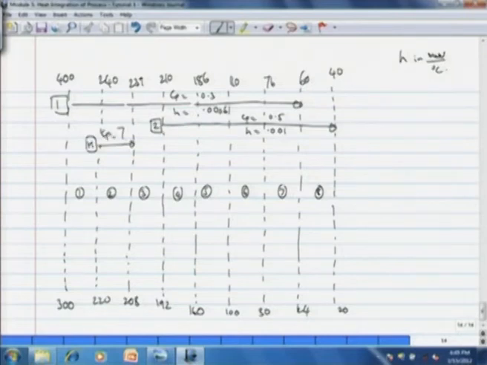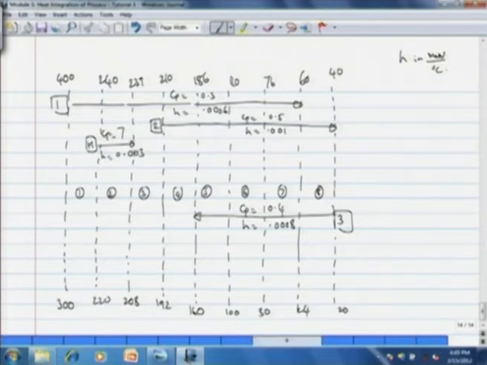Cp value of 7, H of 0.003. Then the cold. Number 3 stream goes from 8th to 5th interval. Cp value 0.4, H 0.0008, 800 watt per meter square per degree centigrade.